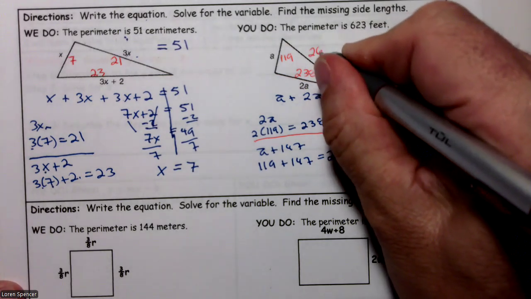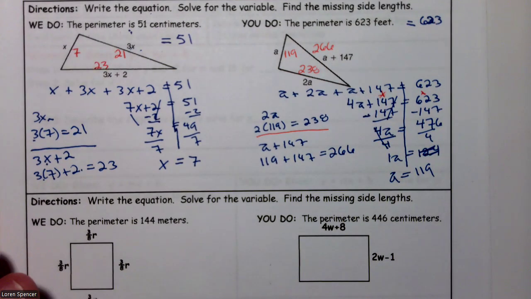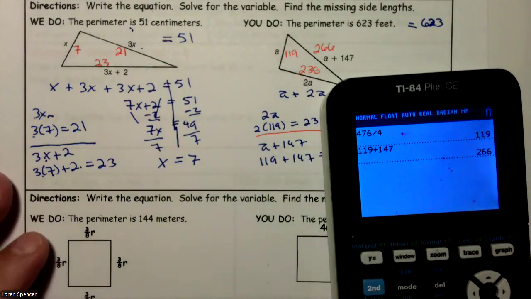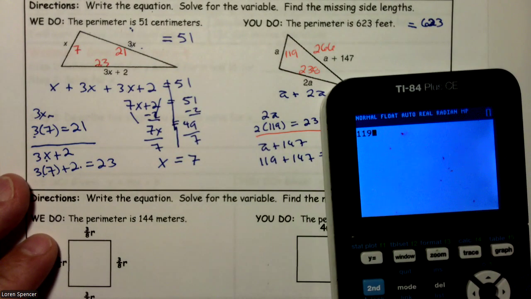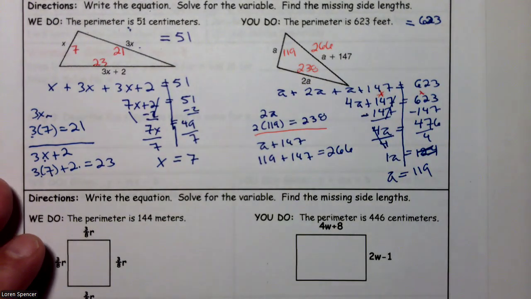So this side is 266. Let's add up those three sides and see what happens. 119 plus 238 plus 266, and sure enough, it equals our perimeter. So we did that one right as well.